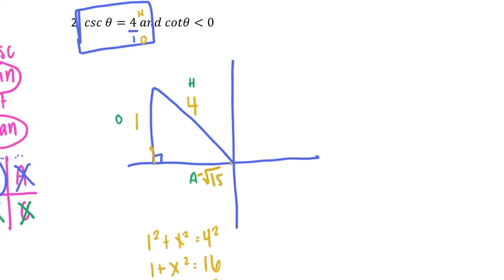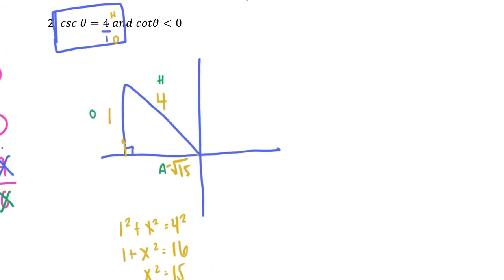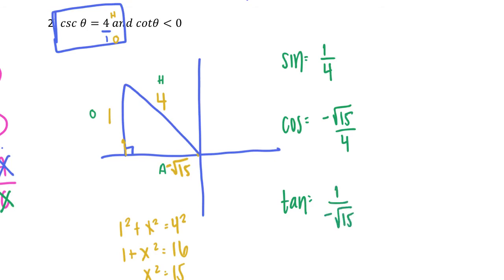Now, we can fill in all of our trig functions. Sine, opposite over hypotenuse. Cosine, adjacent over hypotenuse. Tangent, opposite over adjacent.